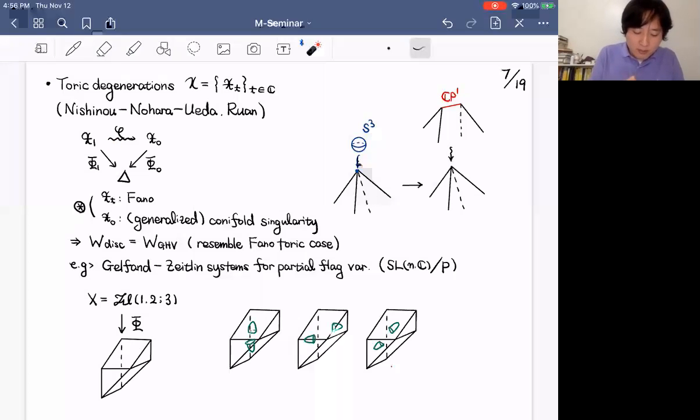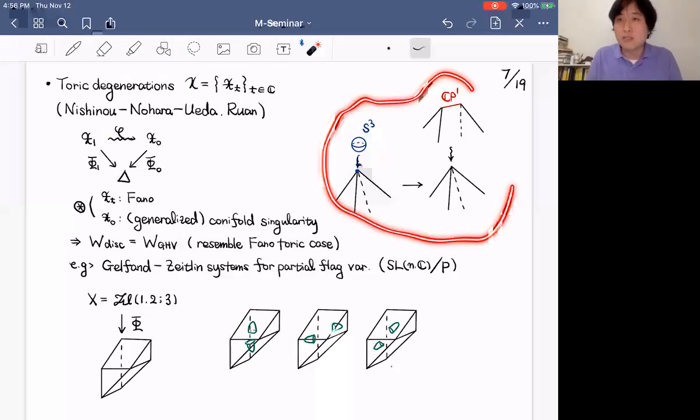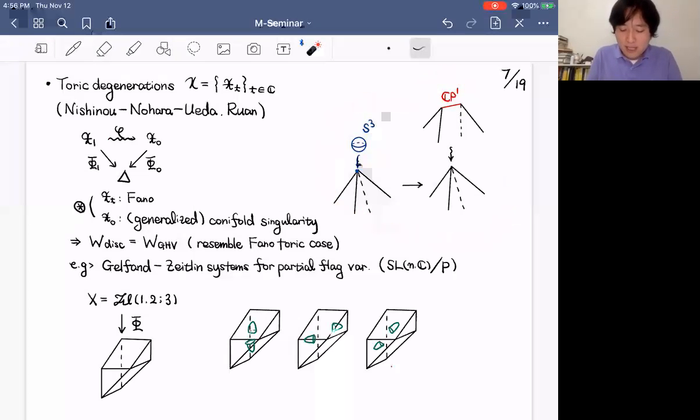And then they put some assumptions on it. So the family is an algebraic family, a flat family of Fano varieties. And furthermore, the central fiber has a conifold singularity. So this is a picture of the conifold singularity. We have S3 shrinking down to the toric degeneration, and then this singularity can be replaced by S2.